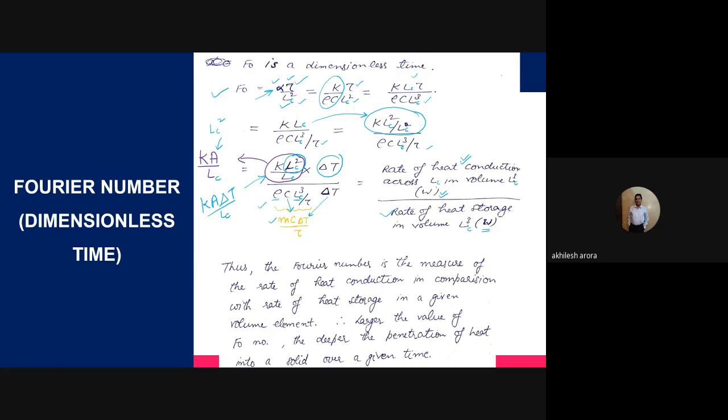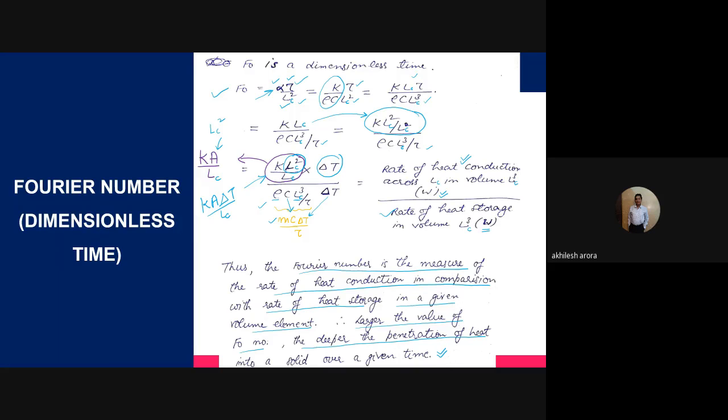Let us see what is written here. The Fourier number is the measure of the rate of heat conduction in comparison with the rate of heat storage in a given volume element. Therefore, the larger the value of the Fourier number, the deeper the penetration of heat into the solid over a given time.